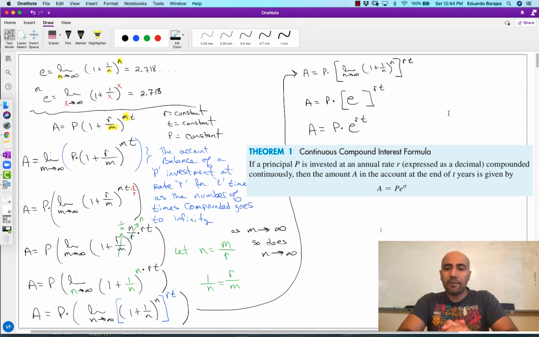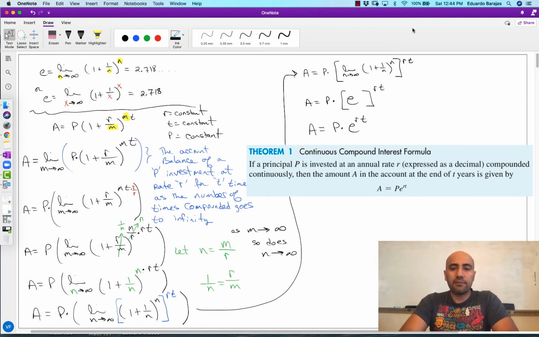Continuous compound interest formula: if a principal P is invested at an annual rate R expressed as a decimal and compounded continuously, then the amount A in the account at the end of T years is given by this formula: A equals P e to the power of RT. That's the formula we're going to use whenever they talk about continuously compounded interest.